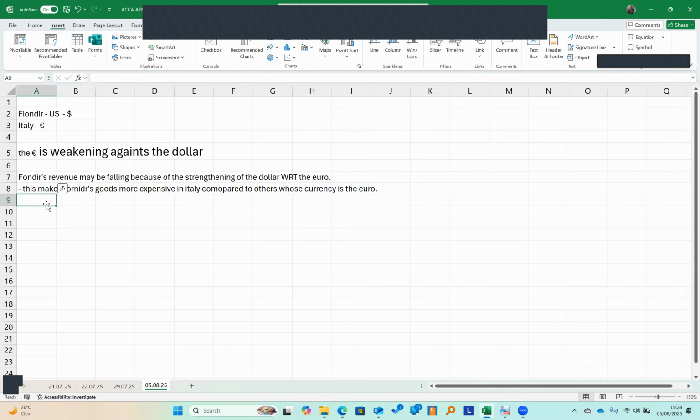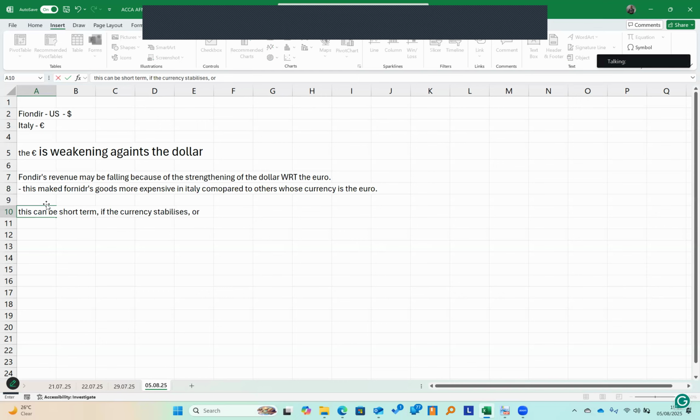Now, this can be short term, if the currency stabilizes, or long term if the dollar continues to strengthen with respect to the euro. In other words, the euro becomes sort of inflated in a way.